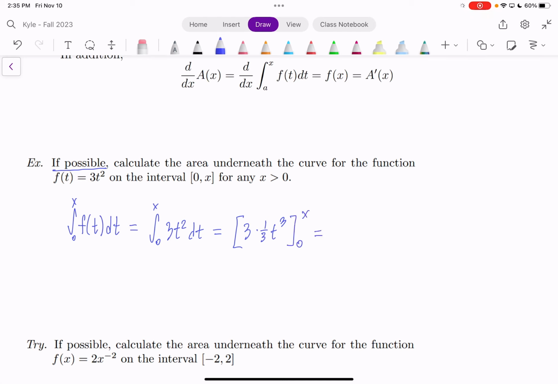Okay, perfect. That's not too hard, right? So I'm going to give you guys an example. If possible, I'd like you to calculate the area under the curve for the function f of x equals 2x to the power of -2 on the interval of -2 to 2. Okay, take 30 seconds, try it really quick.